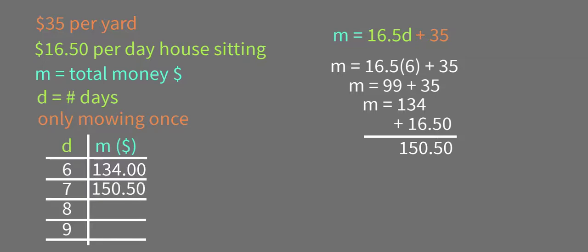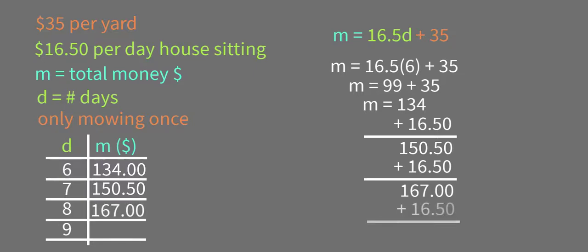At 8, we're just going to be adding another $16.50 because he's only mowing the yard once. So we're looking at 167 for 8 days. And for 9 days, once again, add $16.50. And that's $183.50.